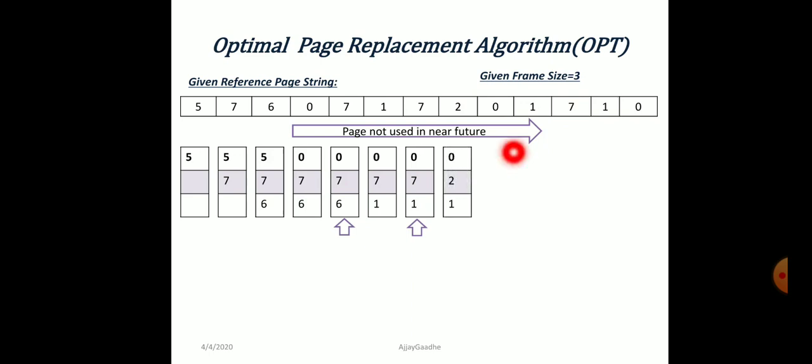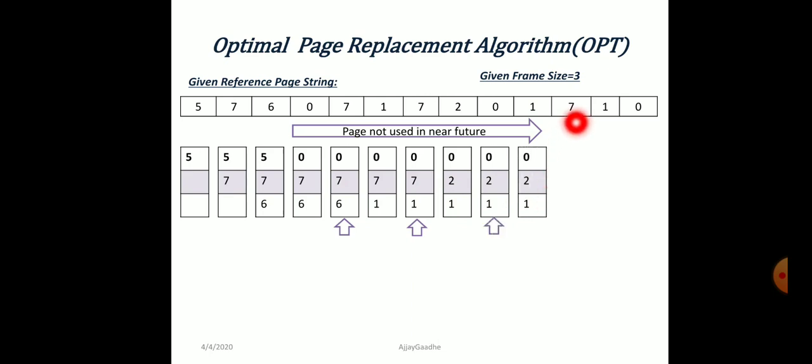Okay, clear? Now the next requested page is 0. 0 is present in main memory; there is a frame with 0, so it is a page hit. Next requested page is 1. It is again there in the frame, so it is a page hit.